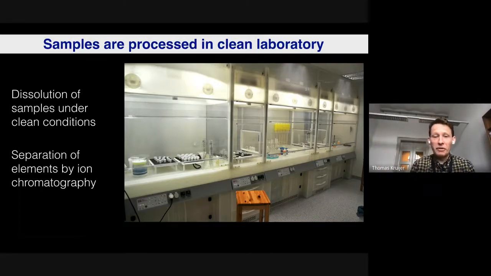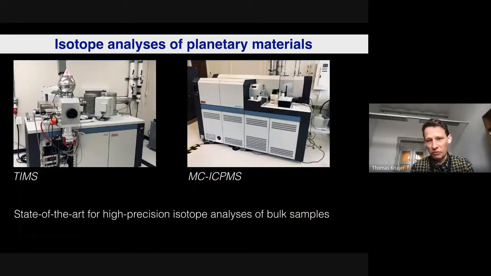And then the element that we're interested in, in this case tungsten, is separated from all the other elements using different techniques, usually ion chromatography. And then this purified tungsten fraction is brought to a mass spectrometer, an isotope ratio mass spectrometer, and then the isotope ratios are measured on this instrument. And this can either be done by TIMS, thermal ionization mass spectrometry, or MC-ICP-MS, multi-collector ICP-MS.